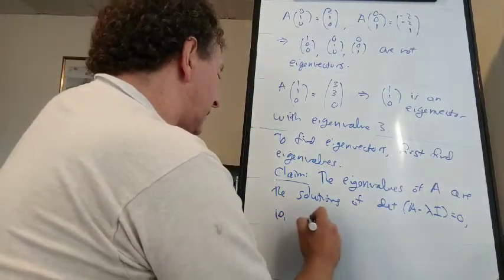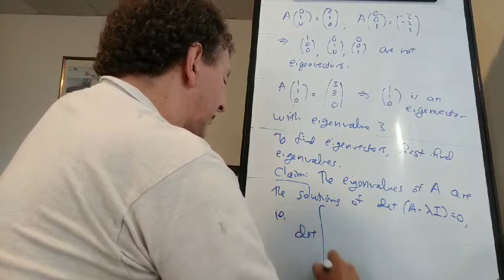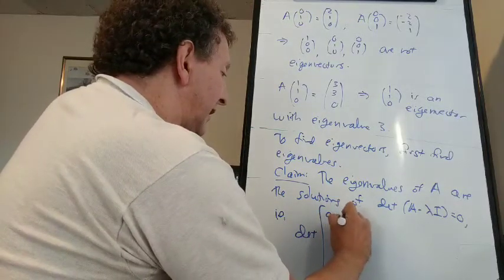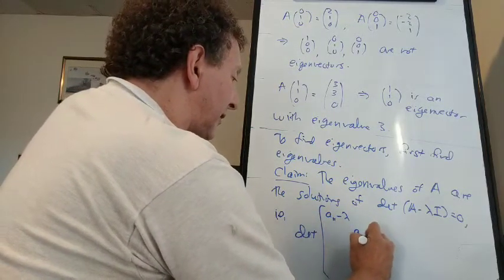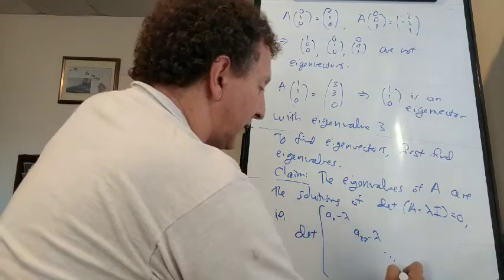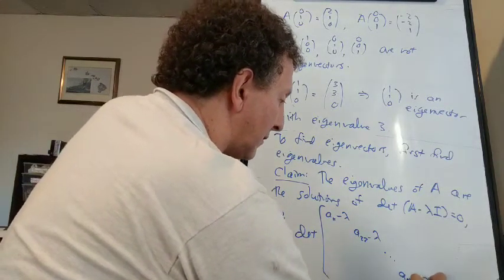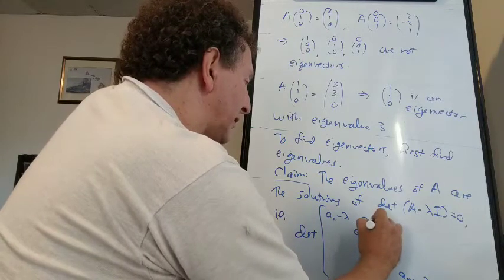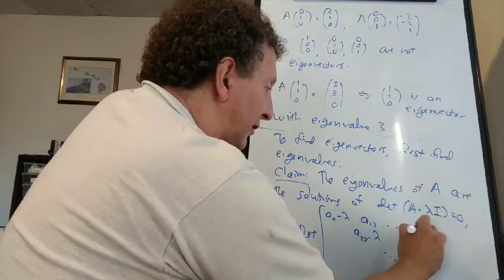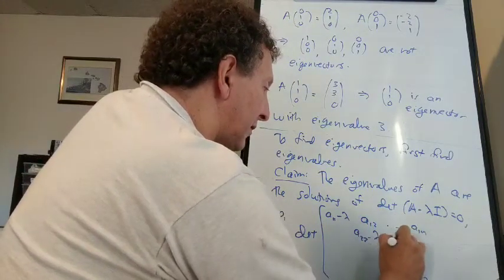That is determinant of, so we take the matrix A and subtract lambda from all of the diagonal entries. And then we just keep the entries of A everywhere else.